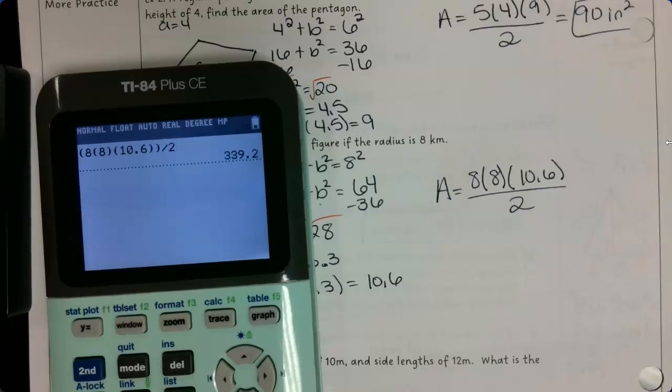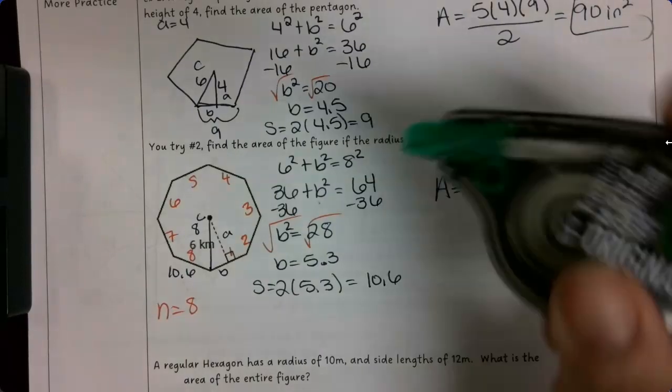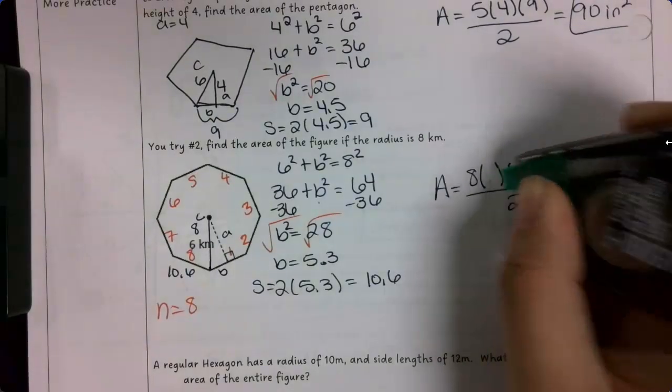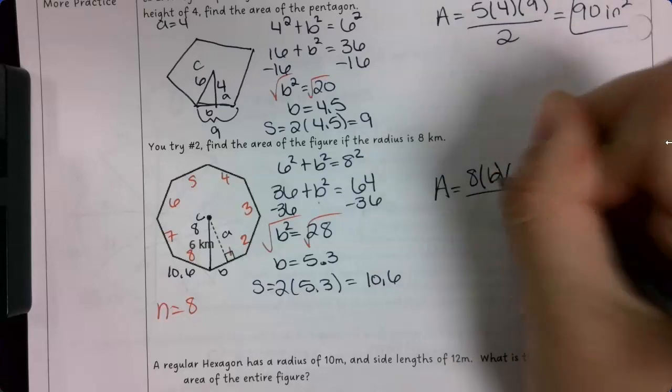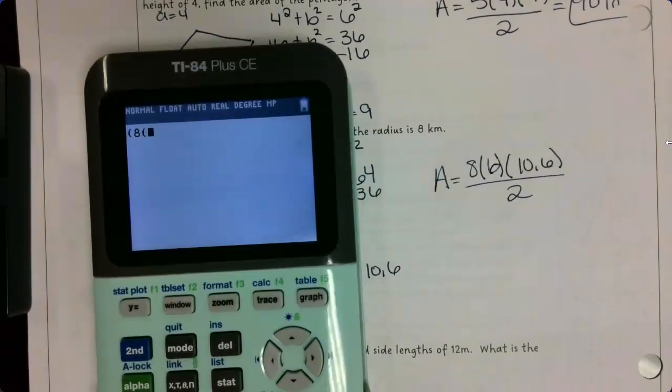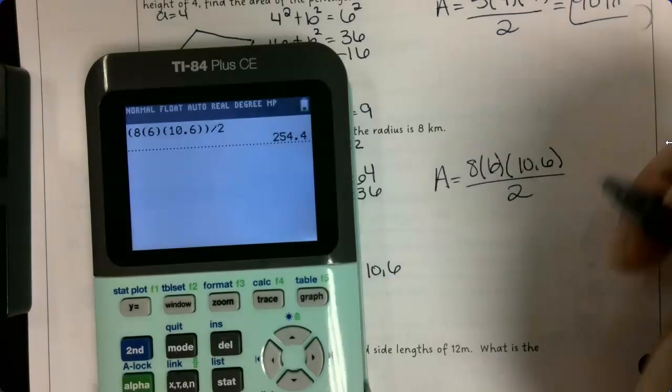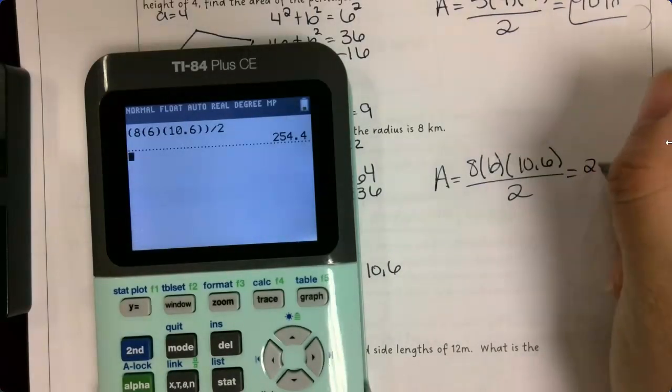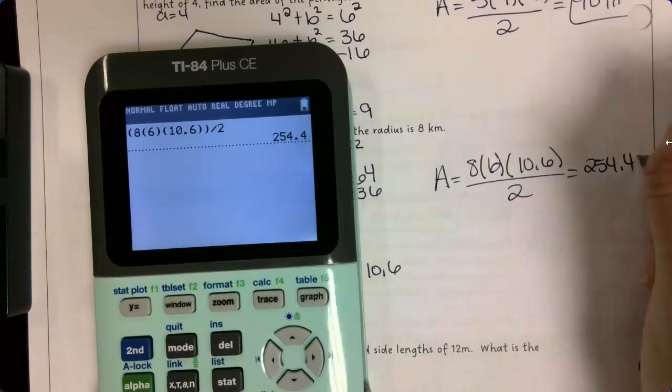Gives me, wait, my apothem was not 8, it was 6. 254.4. And this was measured in kilometers, so kilometers squared.